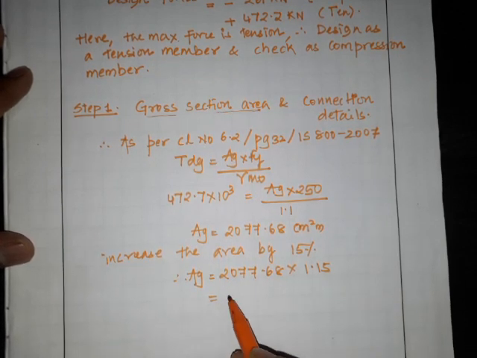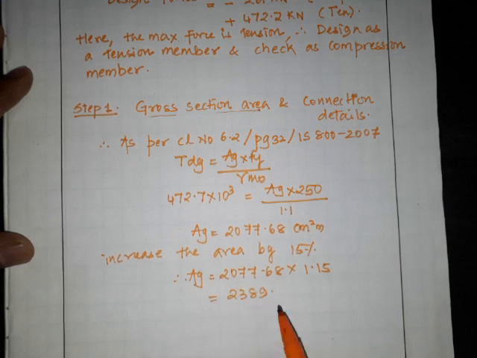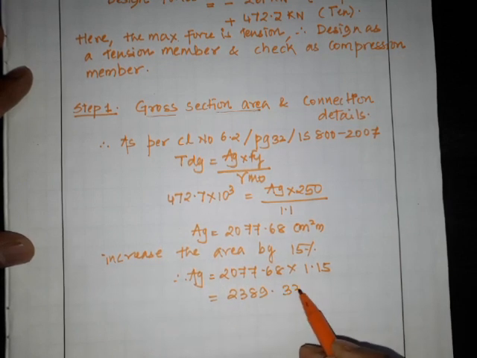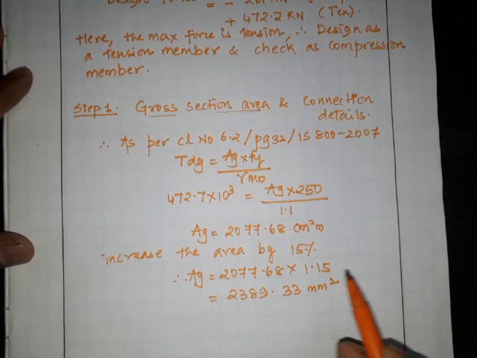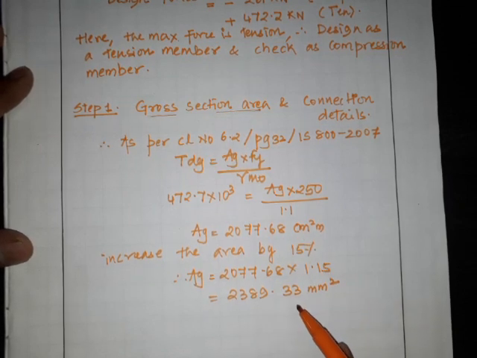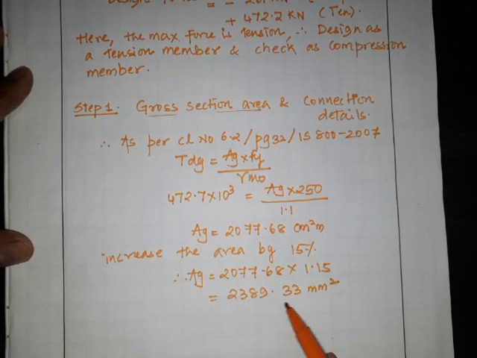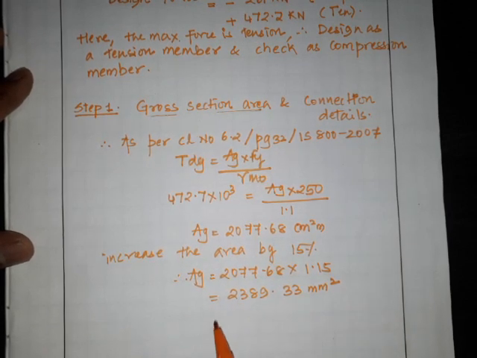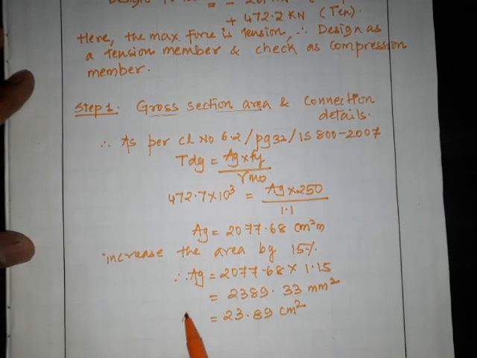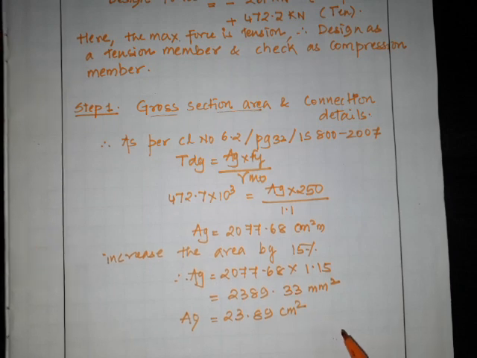So it will be 2389.33 mm square, or it is nothing but 23.89 centimeter square. The Ag will be 23.89 centimeter square. So this is the required cross section area for the member what you select.